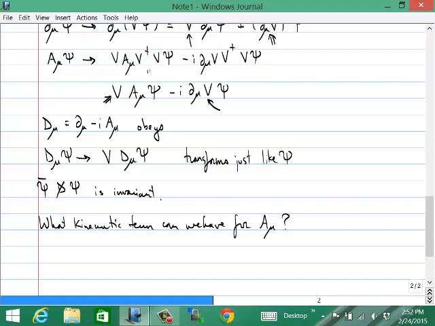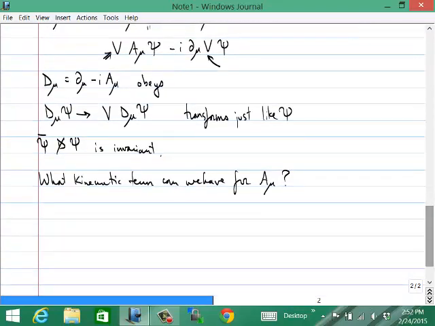So what we need then is to ask what sort of quantity we could build out of A mu that is Lorentz invariant and can be added to the action.